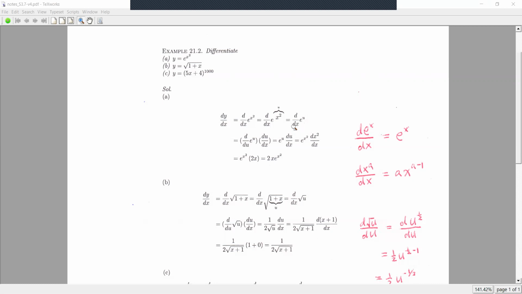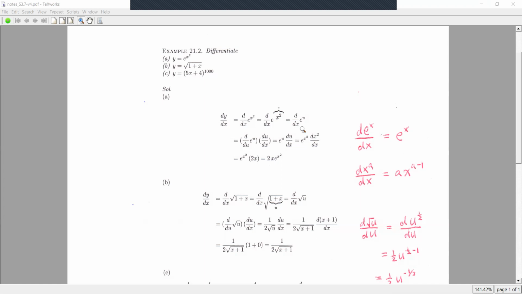For this derivative, I want to use this formula. Derivative of e^x is e^x. But this formula requires all the variables to be the same variable. In this derivative, u and x are different variables.